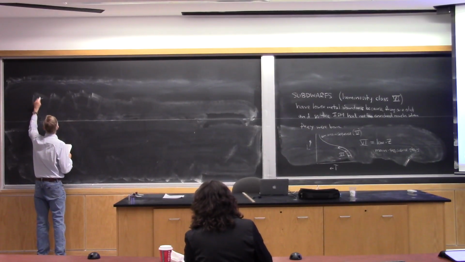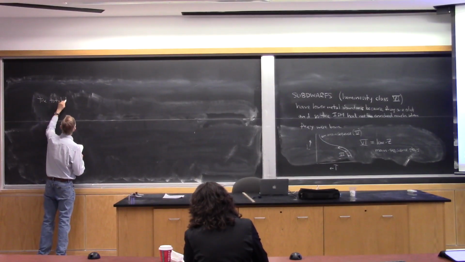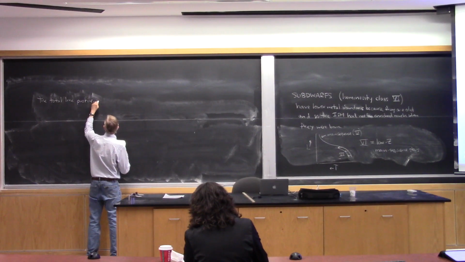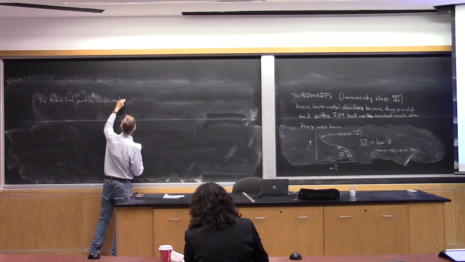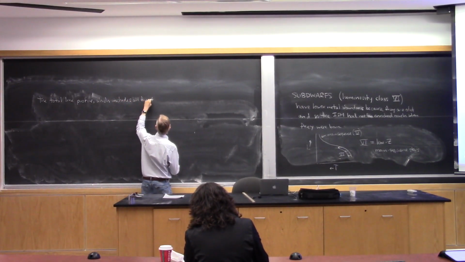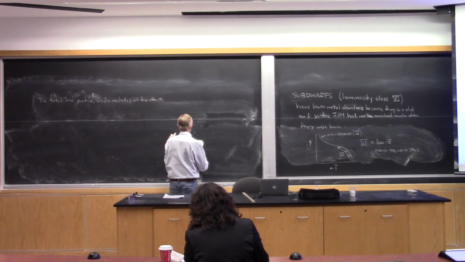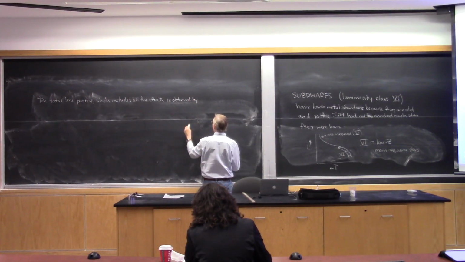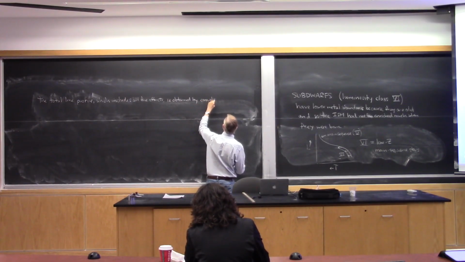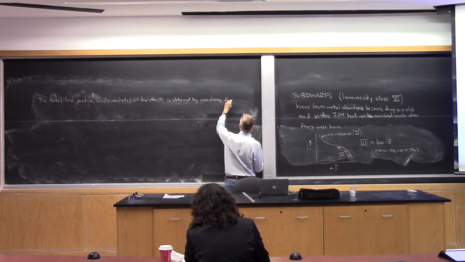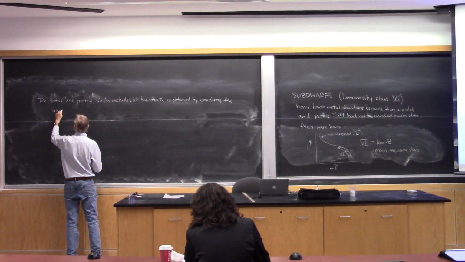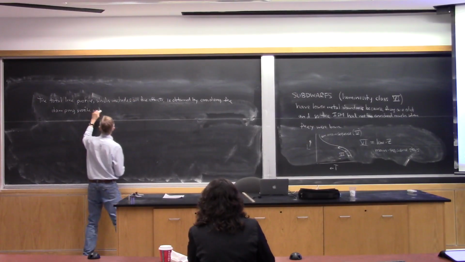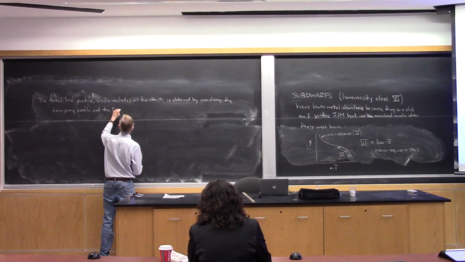And so I will point out that the total line profile, which includes all these sources of line broadening, is obtained by convolving the damping profile and the Doppler profile.